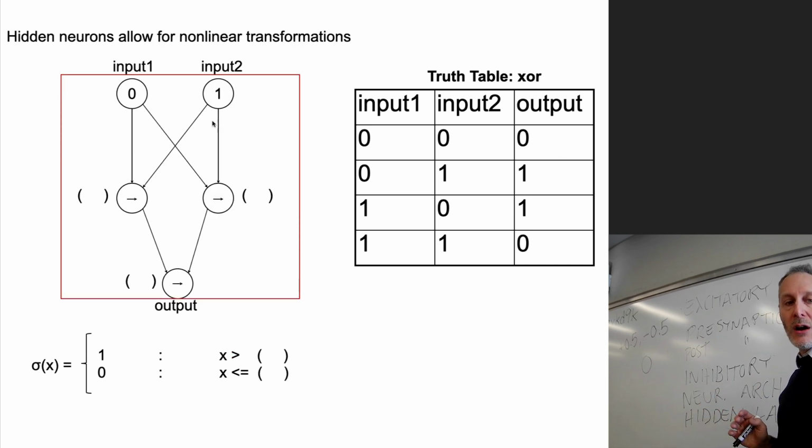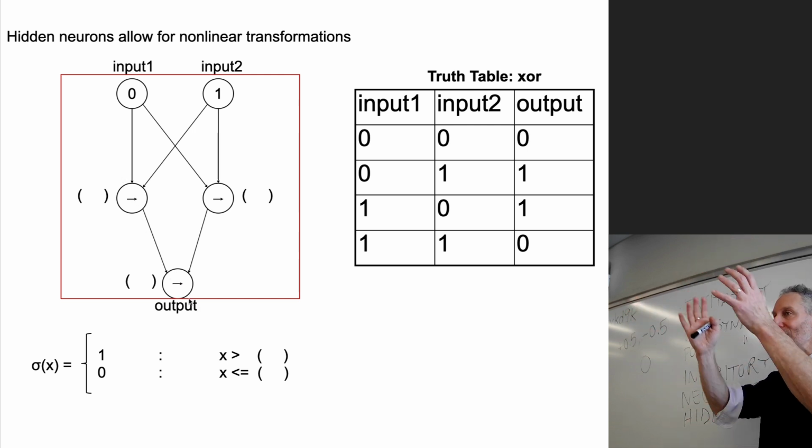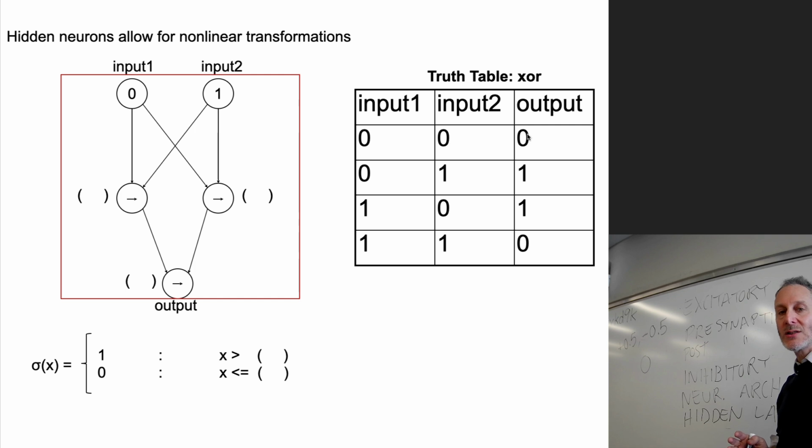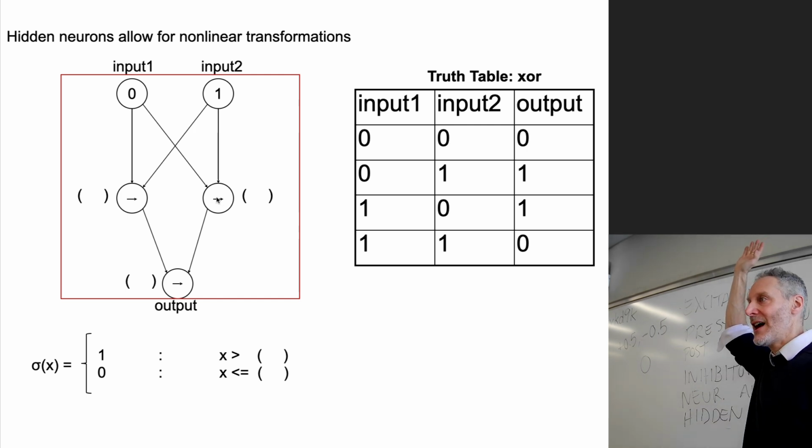Okay, so again, we haven't set any weights yet. Imagine this thing is computing OR and passing its value along to the output. This output is going to receive OR and spit out the OR results in 3 out of the 4 cases. But in the 4th case, this one over here, which is embodying AND, is going to light up.